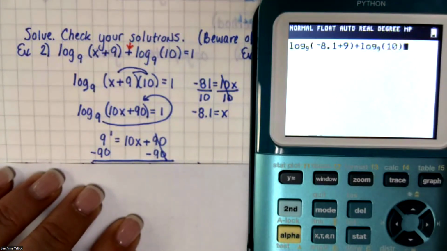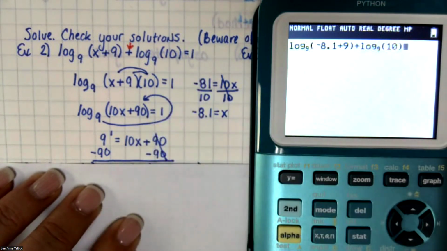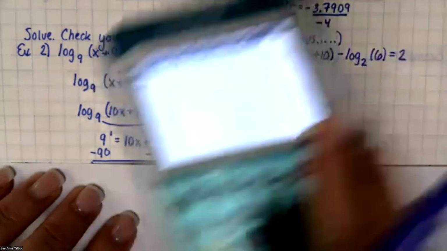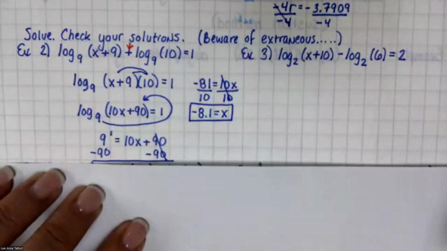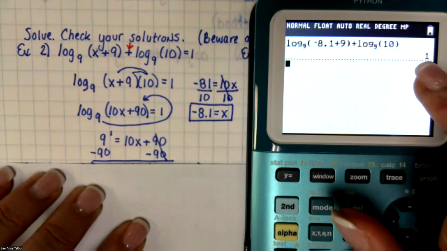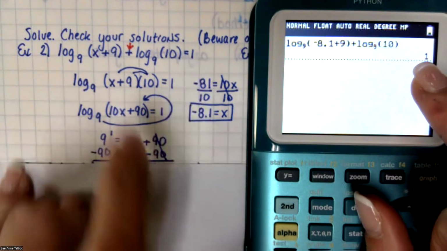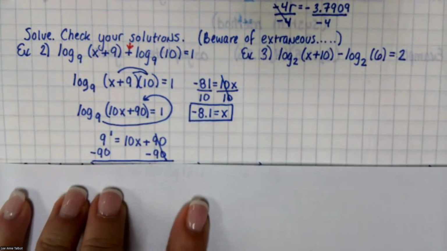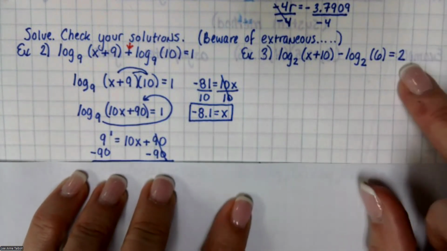What do I want it to equal if it's correct? 1, right? Does it equal 1? Yes. So what we do is we box the answer. Does it make sense why we wanted it to be 1? Because the equation equaled 1. Okay, all right, moving on to number 3. We're going to do one with a 2 right now.